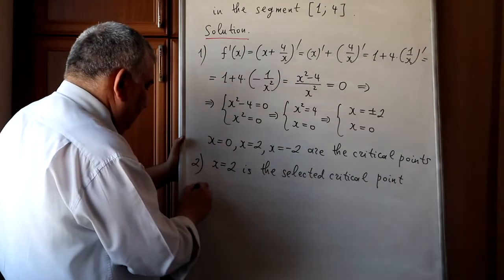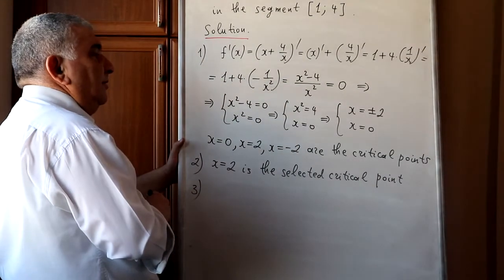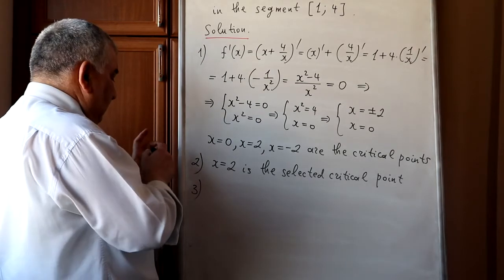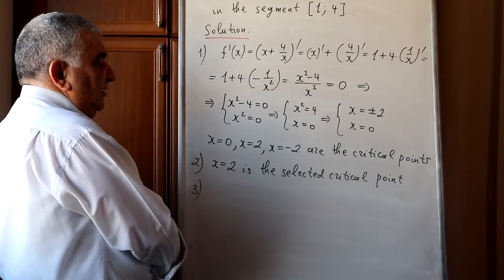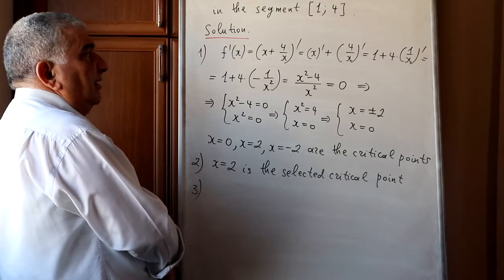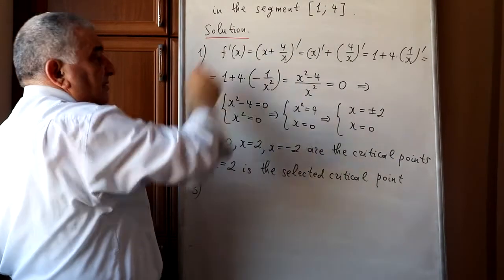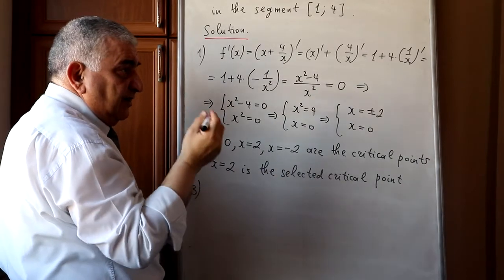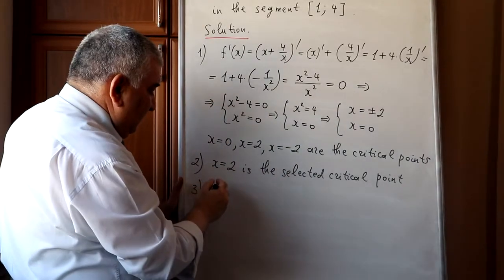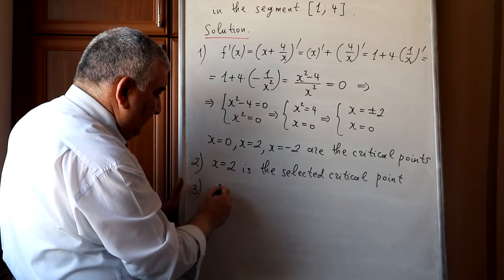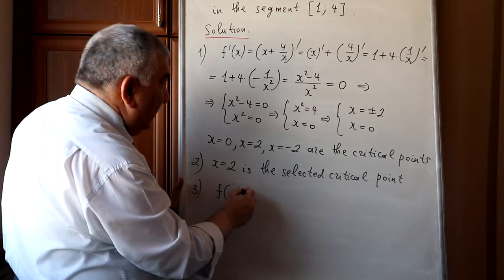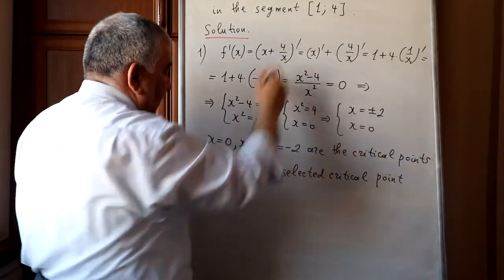Then in the third step, we must calculate the values of the function at the selected critical point and at the endpoints of the given segment. That is, we must evaluate f of 2, f of 1, and f of 4.